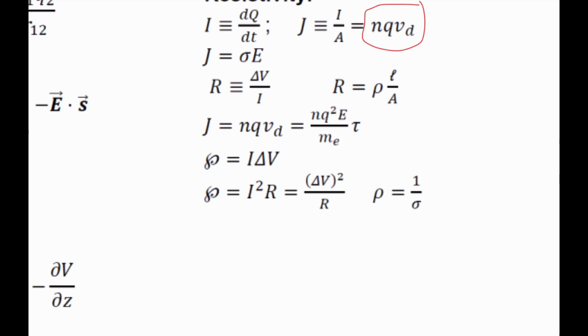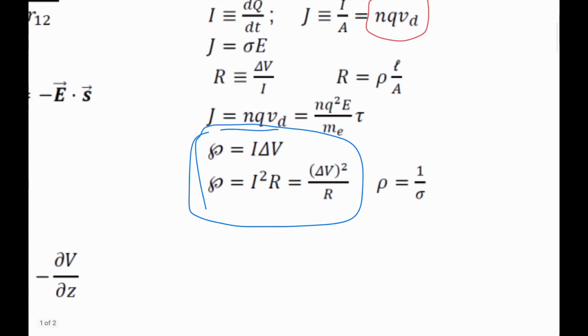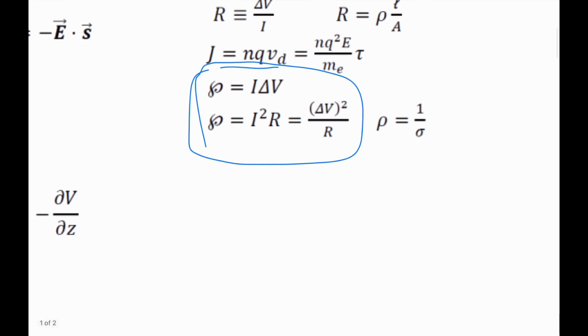Nice. Now we're going to get to the final things, which is the power due to a battery with a resistor on it. So here you have two different ways of writing power. It is current times voltage.